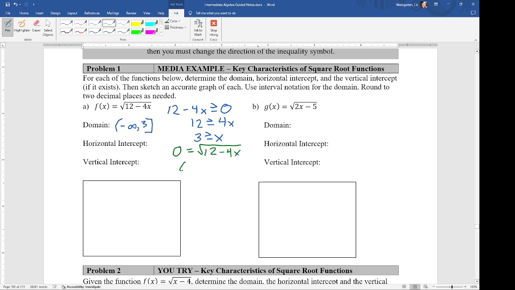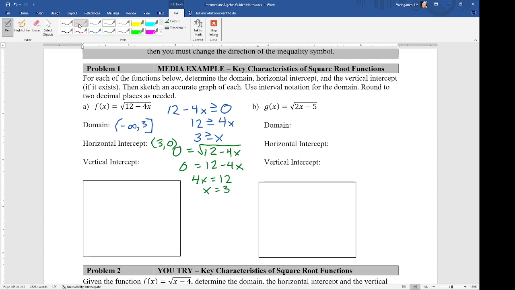I can square both sides, add 4x to both sides, and divide both sides by 4. Our horizontal intercept is going to be at 3, 0. So you can see there's a connection between the domain and the horizontal intercept. The endpoint to your domain is going to be the x value of your horizontal intercept.